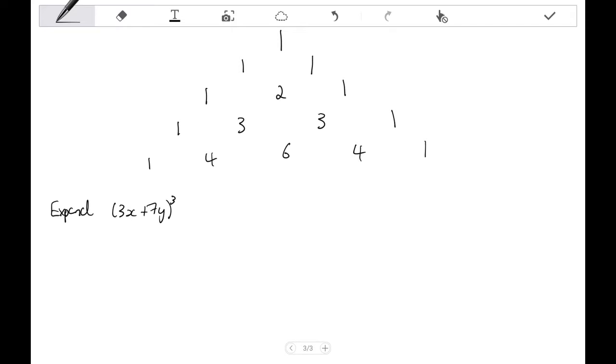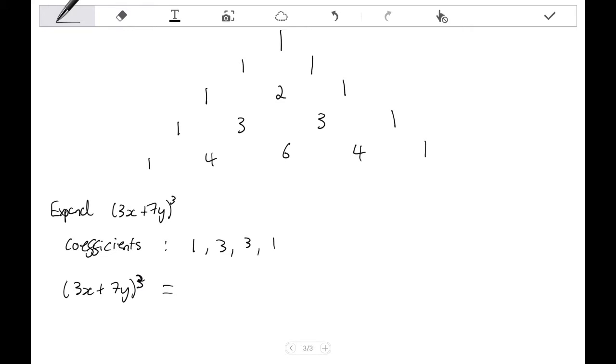This is our row. So the coefficients of our expansion will be 1, 3, 3, and 1. Now it's really simple to then write out what this will be once we've expanded it, okay?